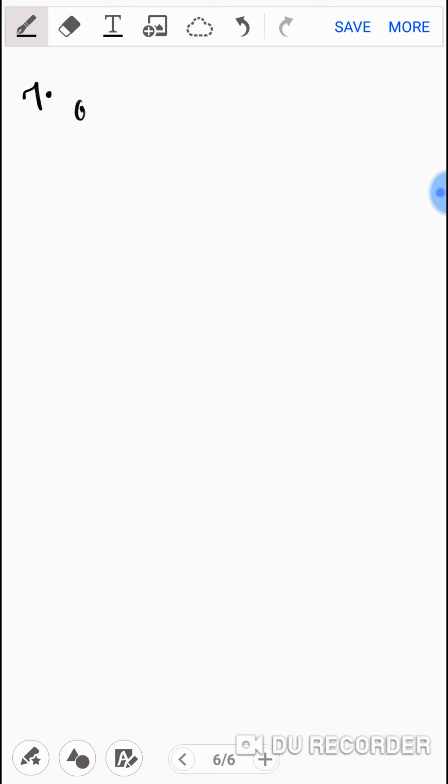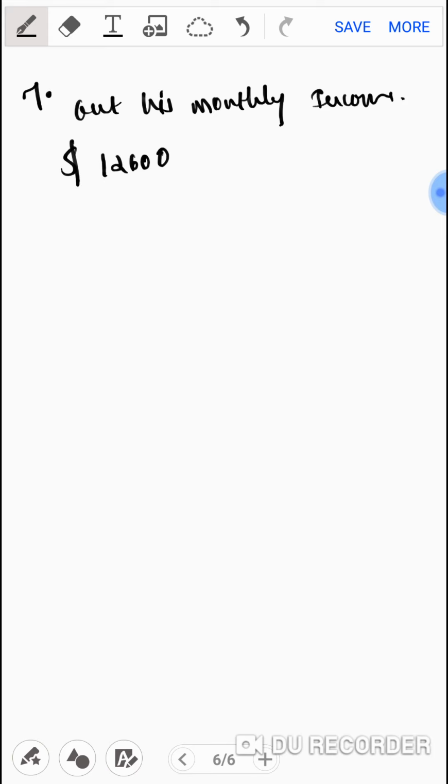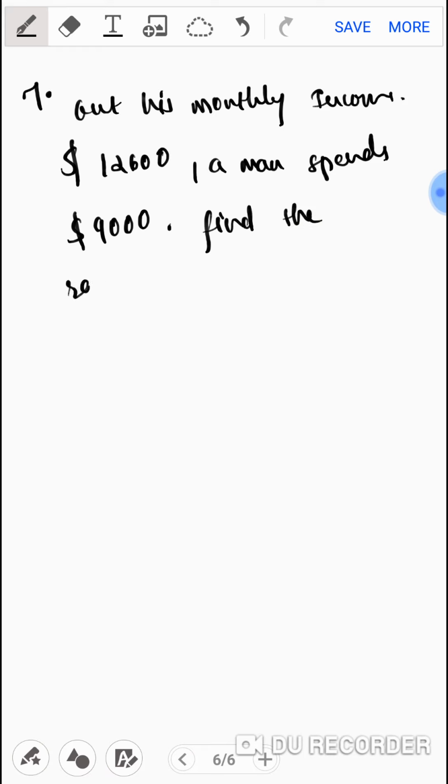Next, my dear kids, we'll go for problem number 7, and it says out of his monthly income, he has a monthly income of $12,600. A man spends $9,000. Find the ratio. See, my dear kids, find the ratio of income to expenditure.